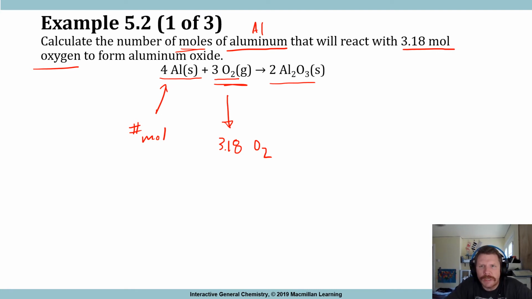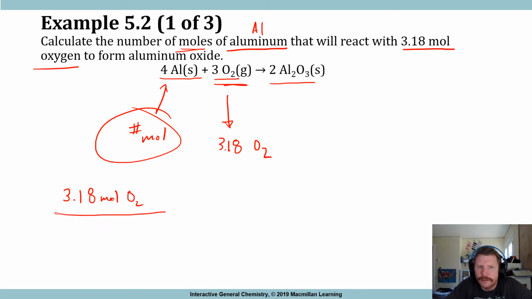What we can do is set this up, and we don't care about the products. All that we care about is the number of moles of aluminum that we need. So I'm going to set this up as a dimensional analysis. 3.18 moles of O2. Then I'm going to use the ratio that I know, moles of O2 to moles of Al.